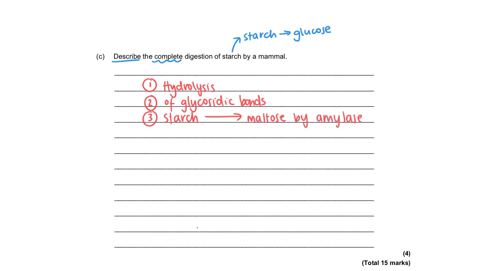And again, loads of you were fab at saying this is in the saliva or that it's in the pancreas. And I'm not entirely sure why lots of you spent a lot of time talking about the physical digestion, the mechanical digestion, using the teeth to increase the surface area and stuff. It's not overly relevant. It's not adding any detail to how starch is broken all the way down into little glucose molecules.